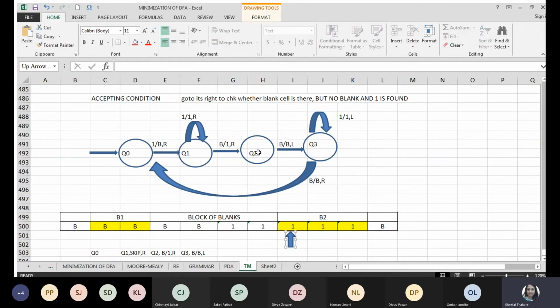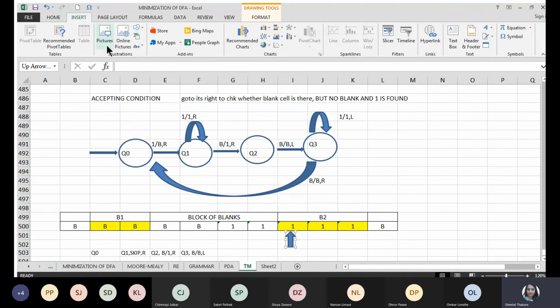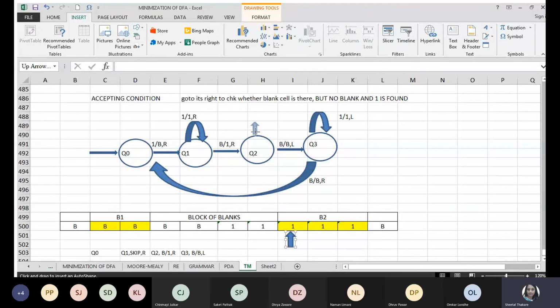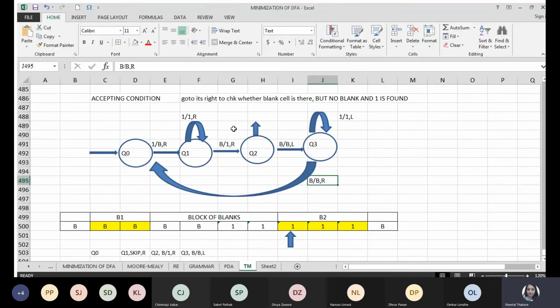You are in Q2. In Q2 you are supposed to encounter B now, but you encountered 1. It means that no more blank spaces are there between the two blocks. So you encountered this 1.